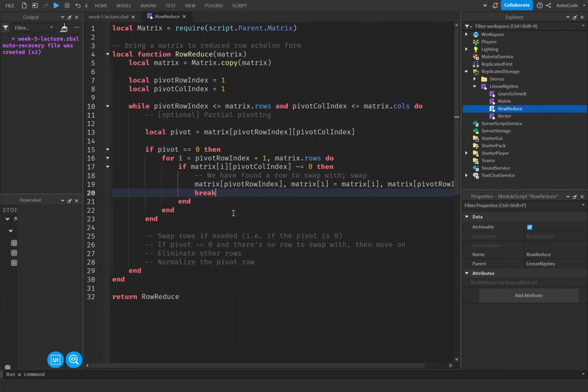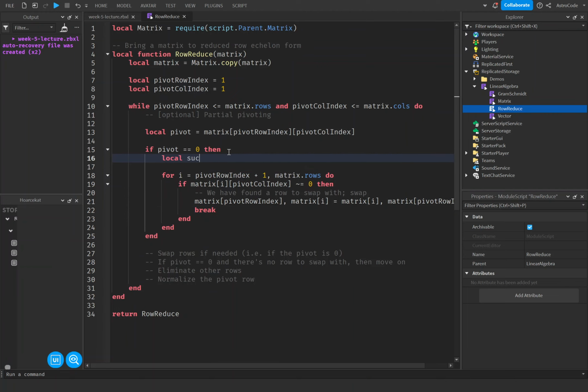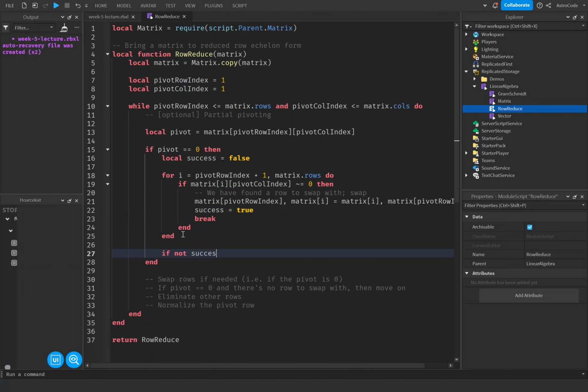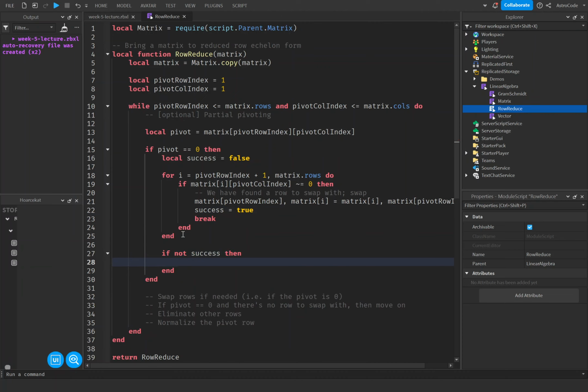Now let's think about the case where there's no other rows to swap with. So we need some success criteria. So if we were successful in finding a row to swap with, then that's good. But if we weren't successful, then all we do is we increment our pivot column index, and we move on.